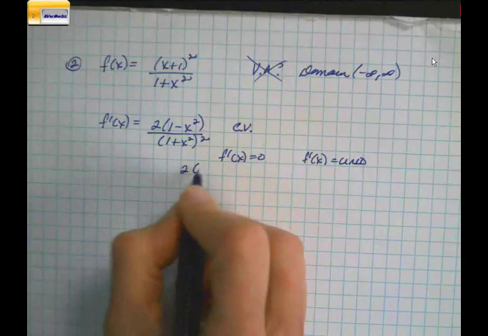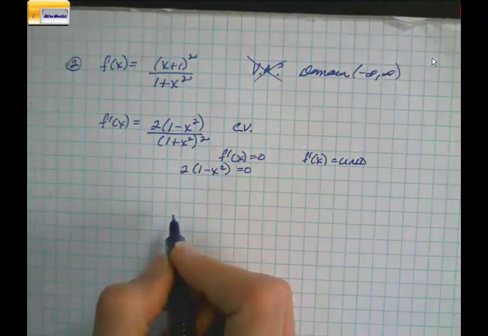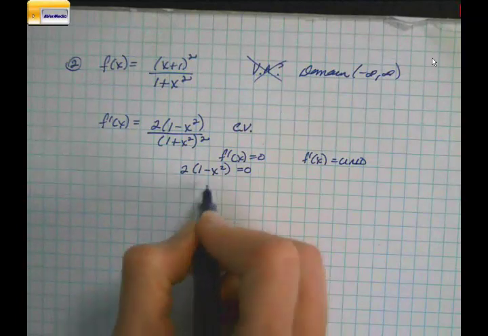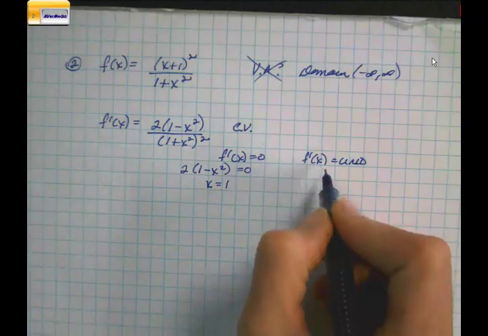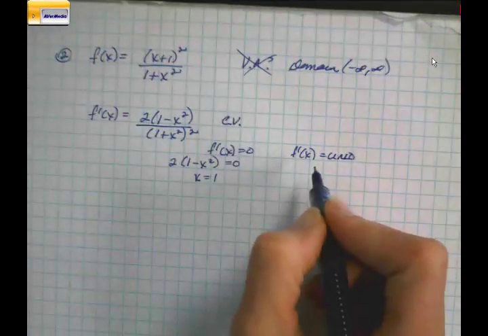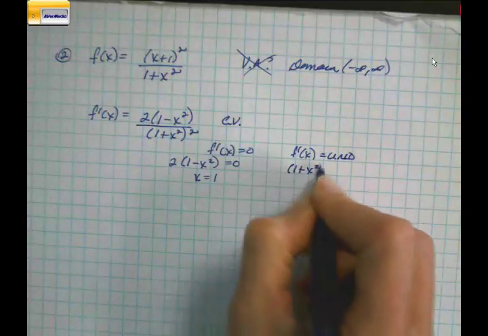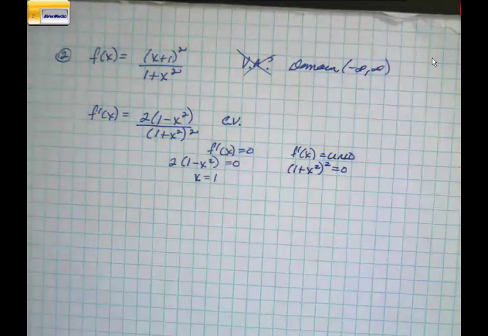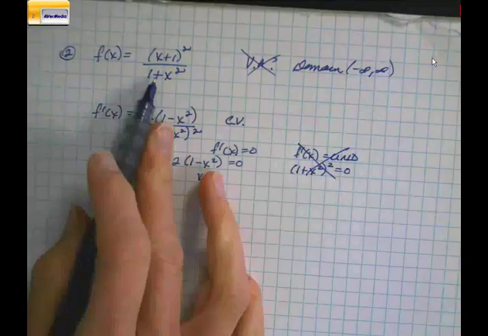So this is where 2 times 1 minus x squared equals 0, and the only time that's going to happen is when x equals 1. The only time this rational function is going to be undefined is if the denominator equals 0. And does that ever happen? No. So we only have one critical value on this function.